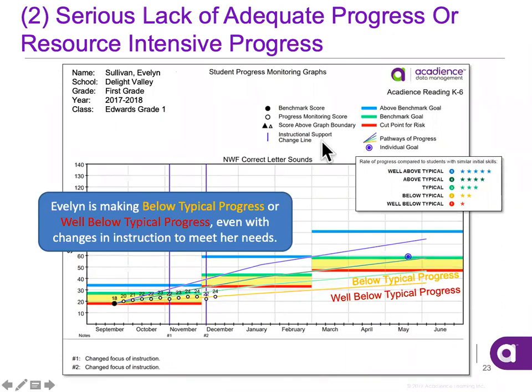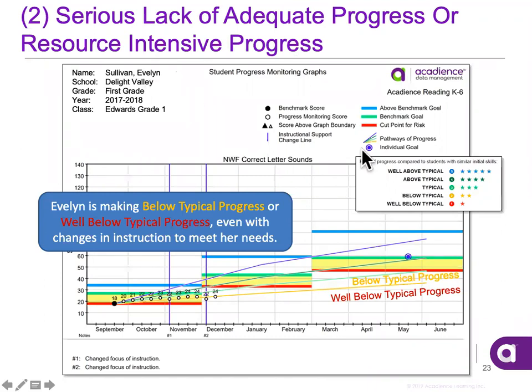So you'll notice the language here at the title of the slide, lack of adequate progress or resource intensive progress, because it's not about documenting that the student is low, documenting that the student is lower than other students, or documenting that the student is still low even though we've tried to intervene. What we have to be driven by is finding the instruction that works.